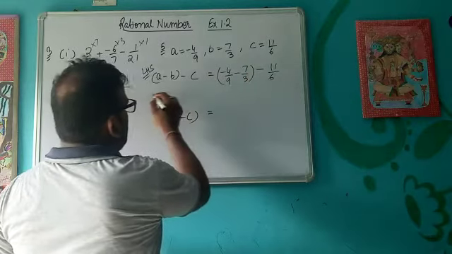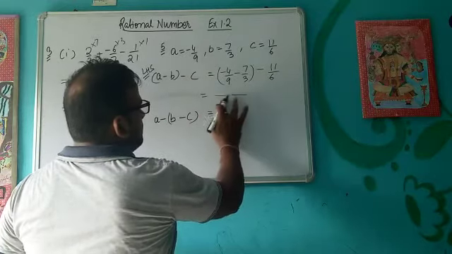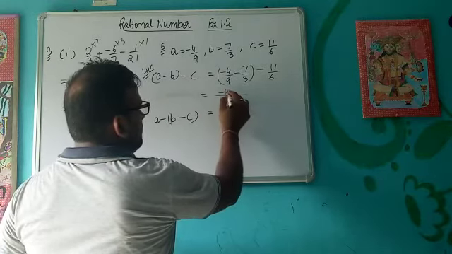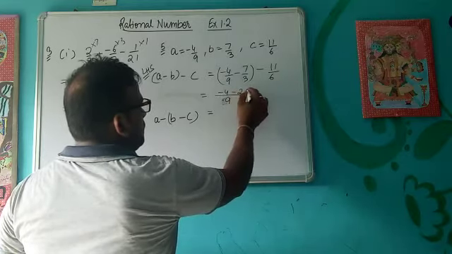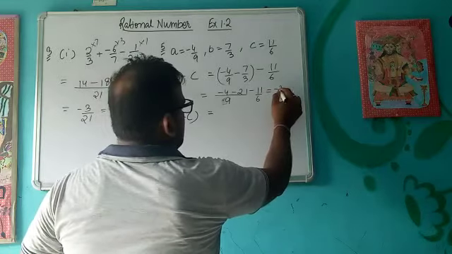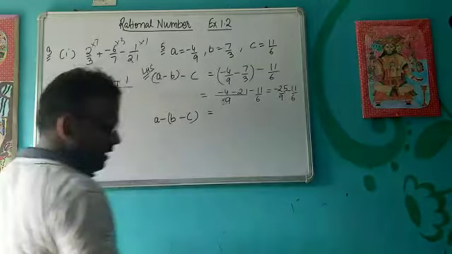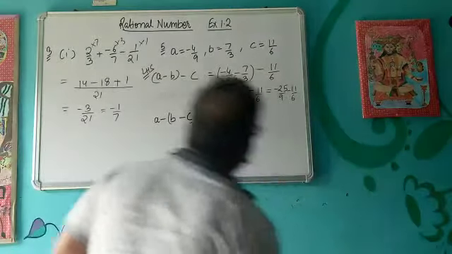So when you solve it, what will you get? The LCM will be 9, minus 4 and minus 21, minus 11 upon 6. So you will get minus 25 upon 9 minus 11 upon 6. Okay.